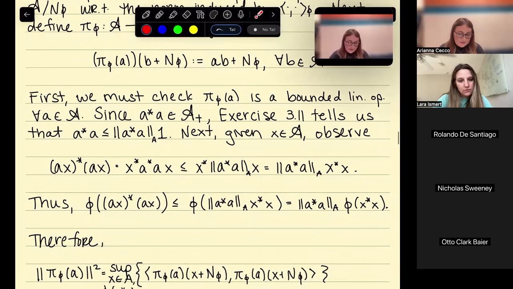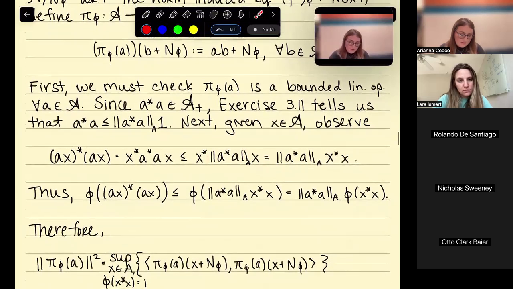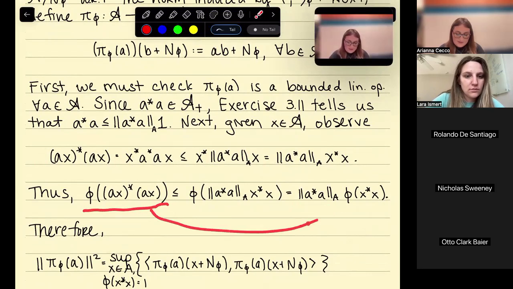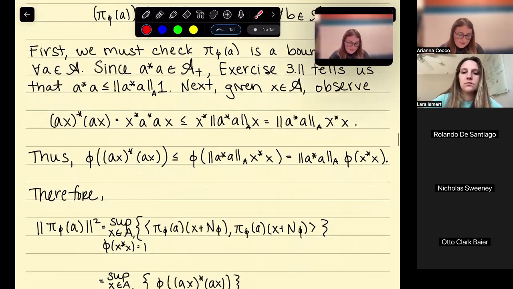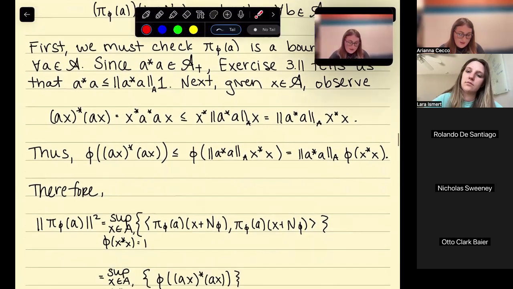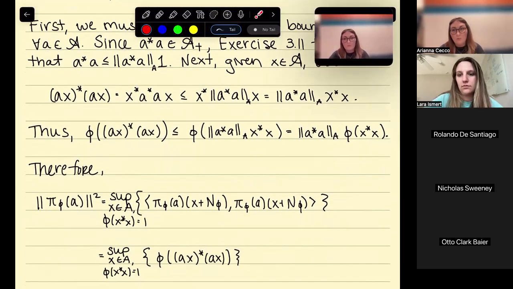All right. So then if we apply phi to this element, we get this inequality, which ultimately says that this is going to be less than this. Okay. Now, again, we're trying to show that this is bounded, so we want to take the norm squared.